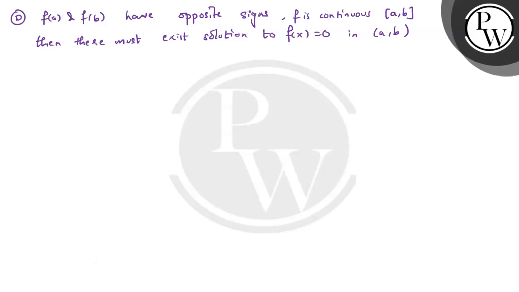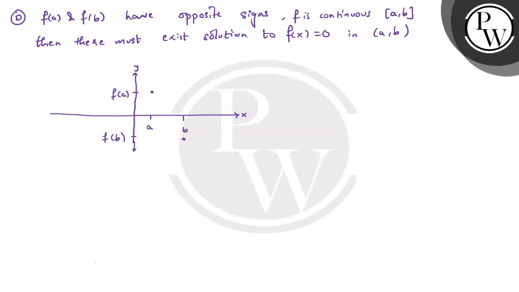Let's try to understand this problem graphically. So consider a rough graph. Let's say this is the x-axis, this is the y-axis. Considering point a here and point b here, without loss of generality, let's consider f(a) to be positive. So we have f(a) here, and f(b) is of opposite sign, so that is negative. So let's say f(b) is here. So the point for plotting is here, and here we have (b, f(b)).